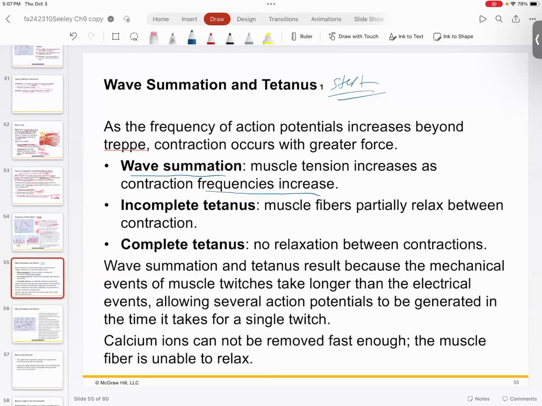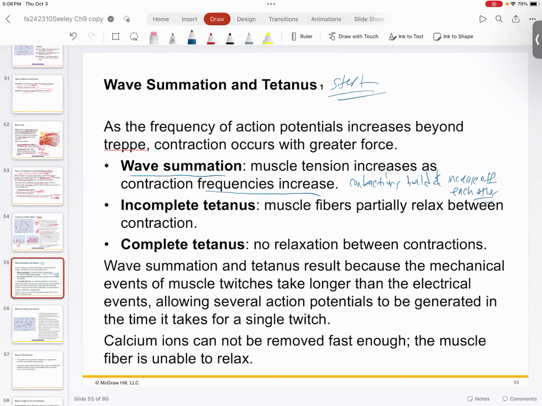Essentially the contractions build and increase off of each other. Oftentimes it's associated with a reduced time provided for relaxation, and we'll see that here in just a second.